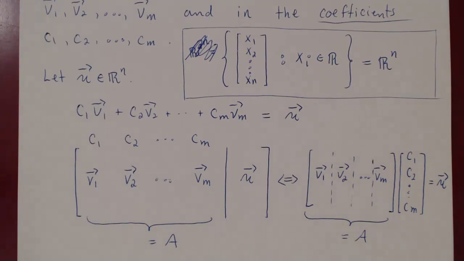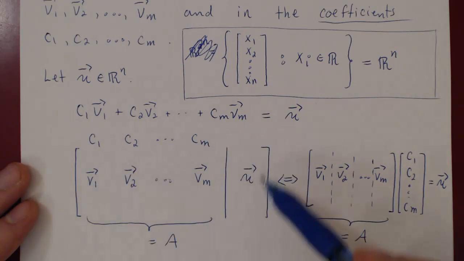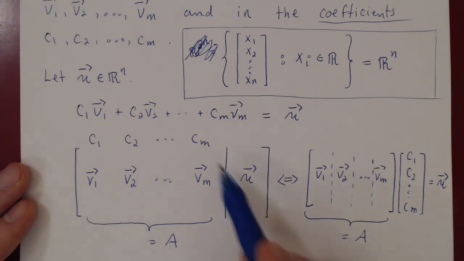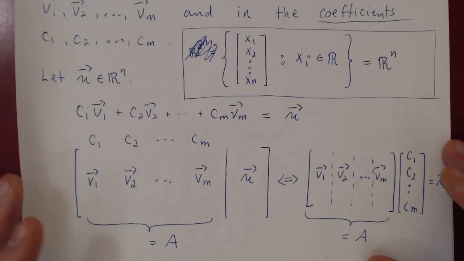Let's do a simple example with vectors in R2. And again, whether you're in R2, R3, or beyond, the only difference is you'll have more equations, so slightly bigger linear systems, but by now we can reduce any linear system. So let's do an example.